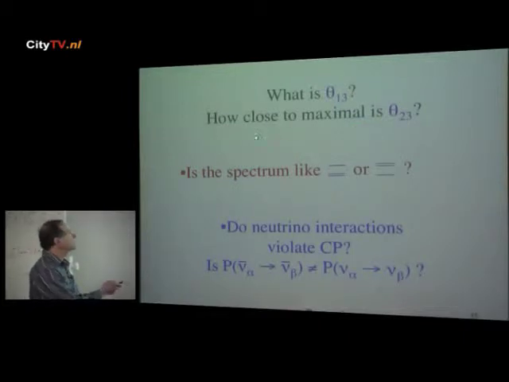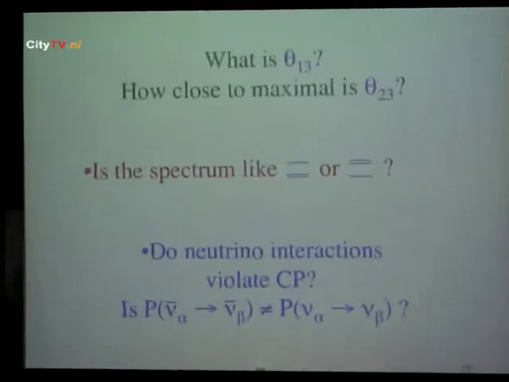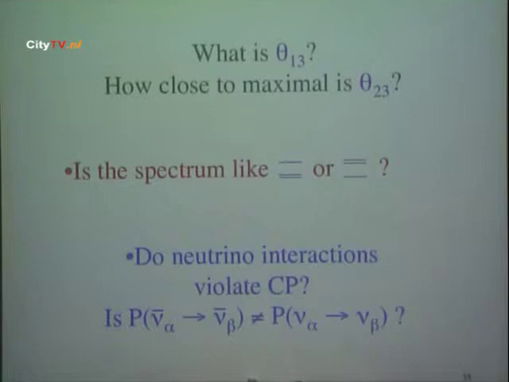Is that atmospheric mixing angle really 45 degrees? If it is, that's very interesting, because when something like that happens, maximal mixing, there's usually a reason, a symmetry or something. Is the neutrino spectrum quark-like or inverted? Do neutrino interactions violate CP? That is, do antineutrinos and neutrinos behave differently?